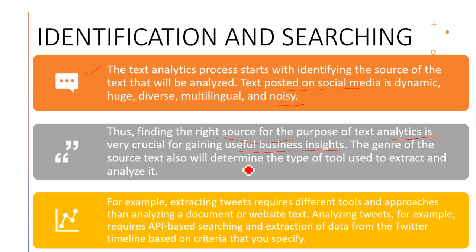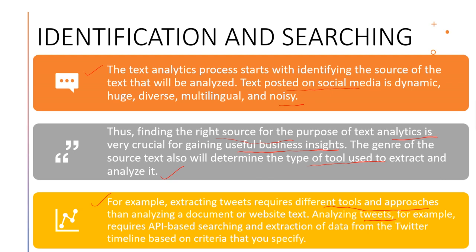The genre of the source text will also determine the type of tool used to extract and analyze. If it is simple English language, it is very easy to do analysis, but if it is Hindi, then we have to use natural language processing with special packages that will understand Hindi content in the text, comments, tweets. For example, extracting tweets requires different tools and approaches than analyzing a document or a website.